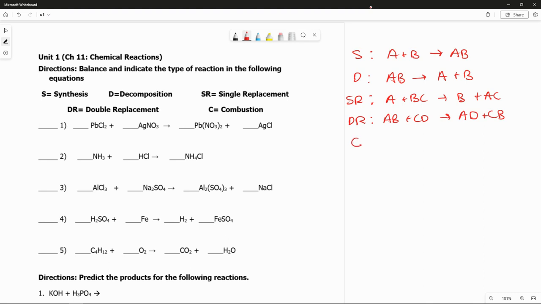And combustion: there are two types, complete combustion and incomplete combustion.